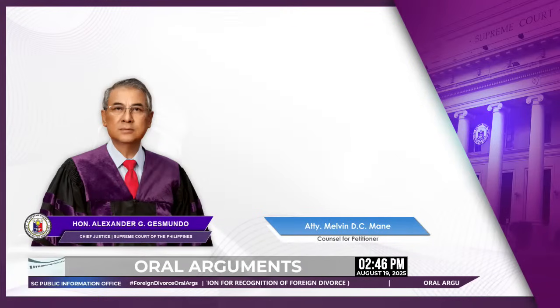The petitioner is a natural-born Filipino citizen, entered a marriage in the Philippines, and during the subsistence of this marriage, he obtained a divorce decree in the United States. A crucial aspect of this case is that at the precise moment the foreign divorce was obtained, the petitioner remained a Philippine national.